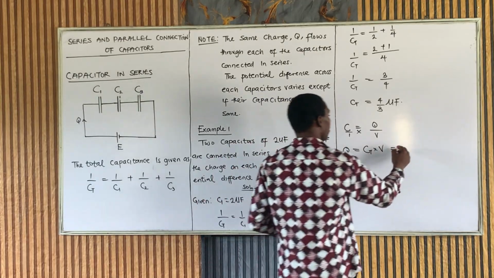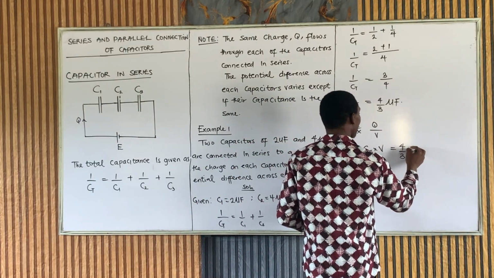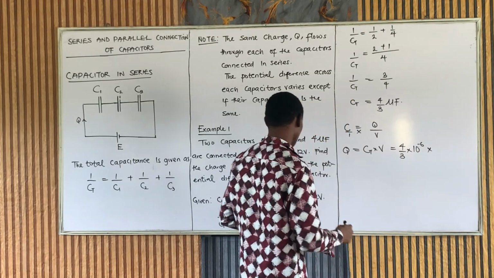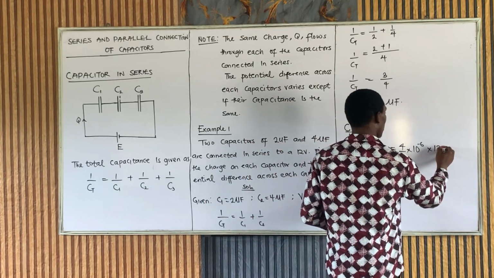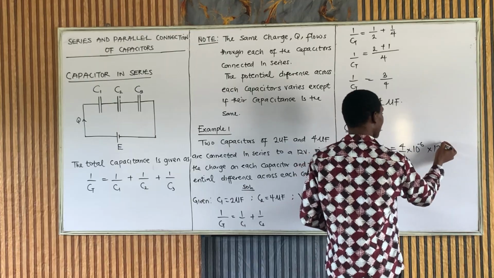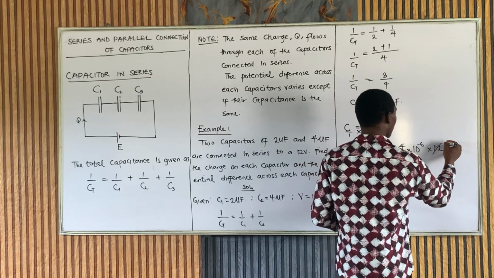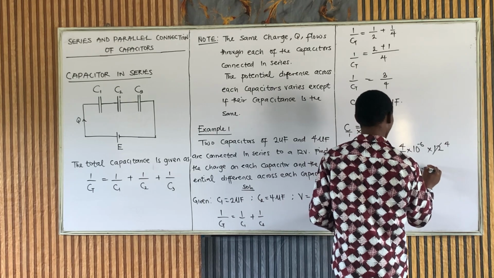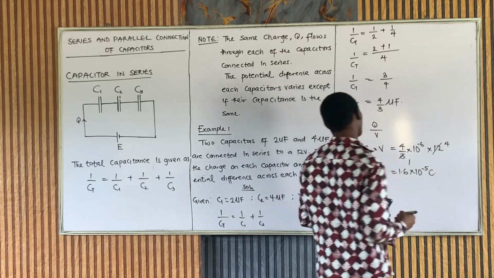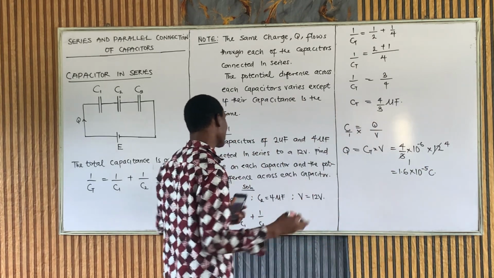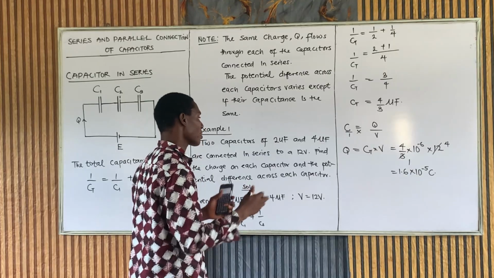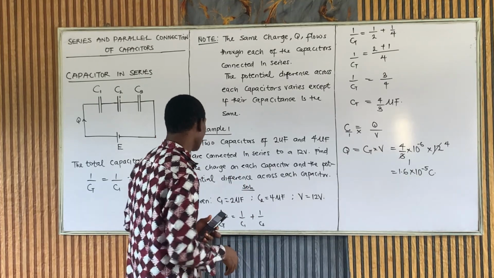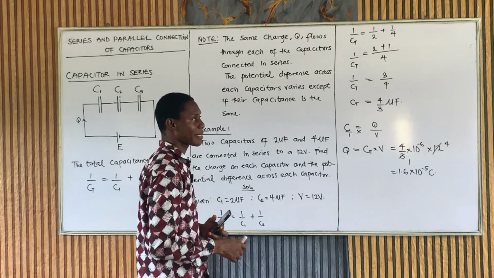We've gotten that 4 over 3 times 10 raised to the power minus 6 times, what's our voltage? We're given 12. 3 into 12 will give us 4. This is 1.6 times 10 raised to the power minus 5 coulomb. We've gotten the charge, and that's the total charge, or the charge on each capacitor, or charge in the whole connection. Now the next thing is to get the potential difference across each capacitor.